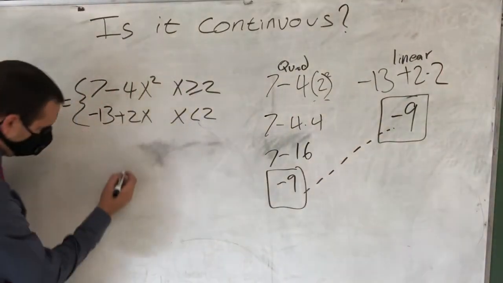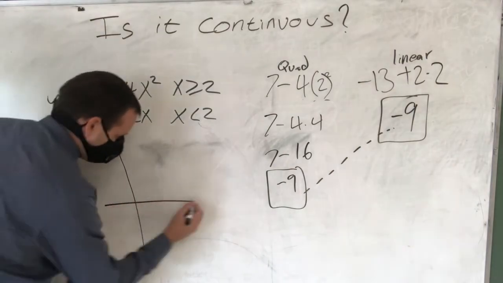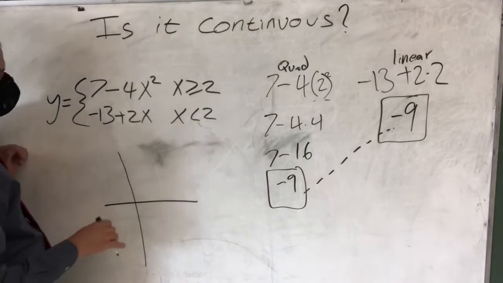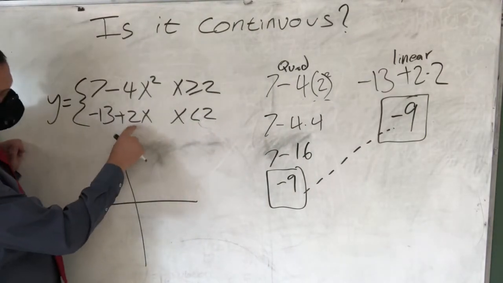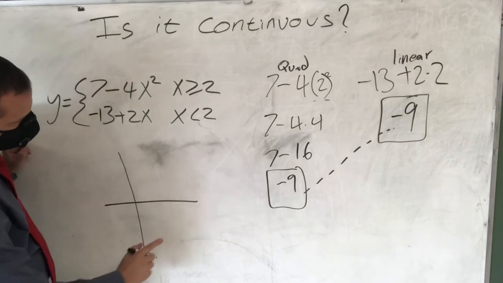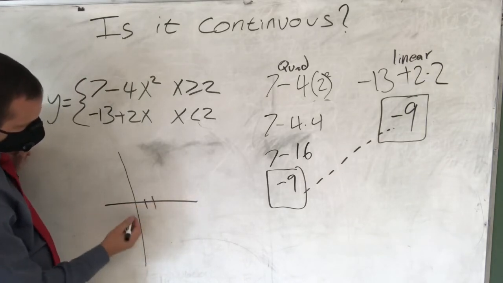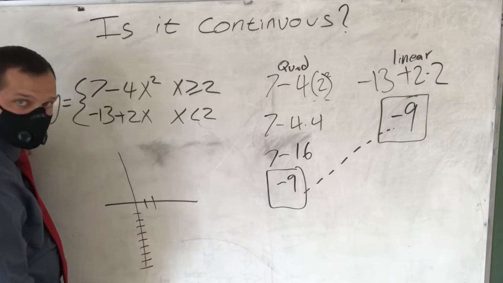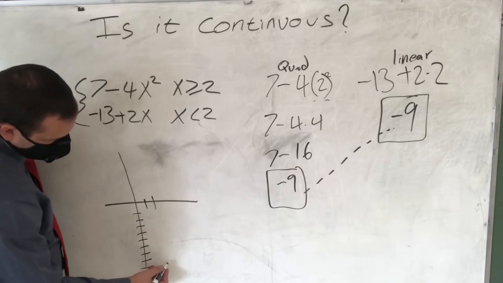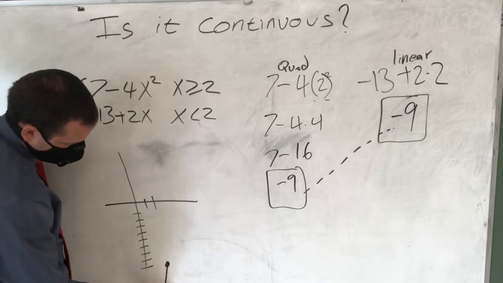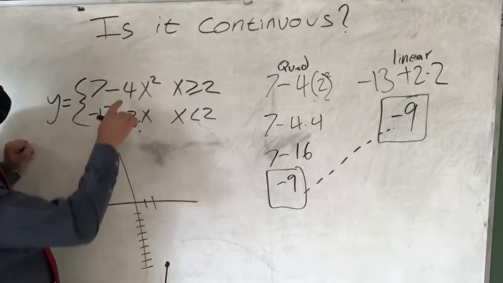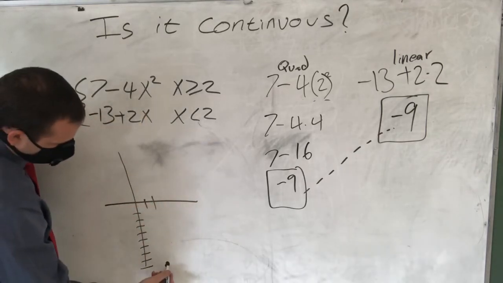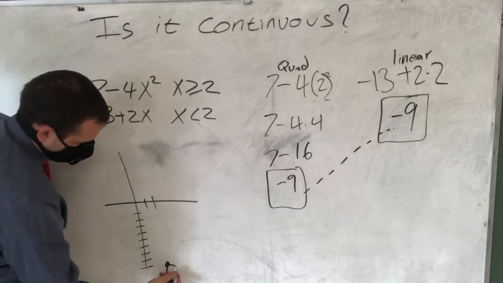That's the y value. So if I graph this, it is continuous. Since we got negative 9 on both of them, it is continuous. I'm just showing you what it would look like graphically. We have this line coming down. Actually, this one comes up. It's pretty steep. We get over to x equals 2, negative 9. You see that? You can't see that, just barely. So you got a straight line coming, and then we have this quadratic, and it's negative, which tells me that it is going to go kind of like that.